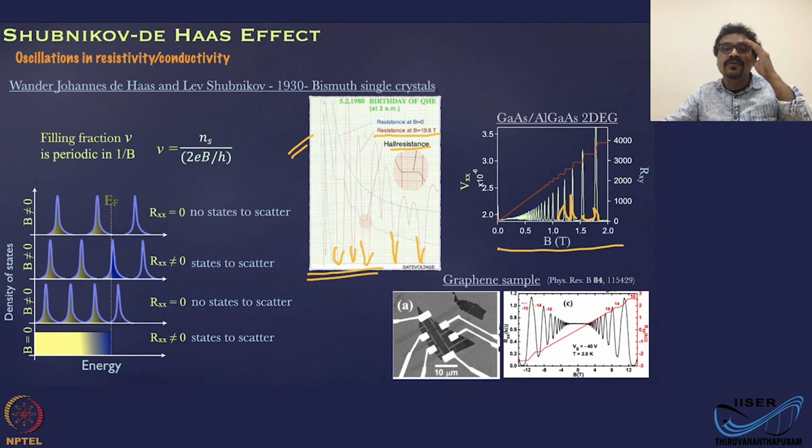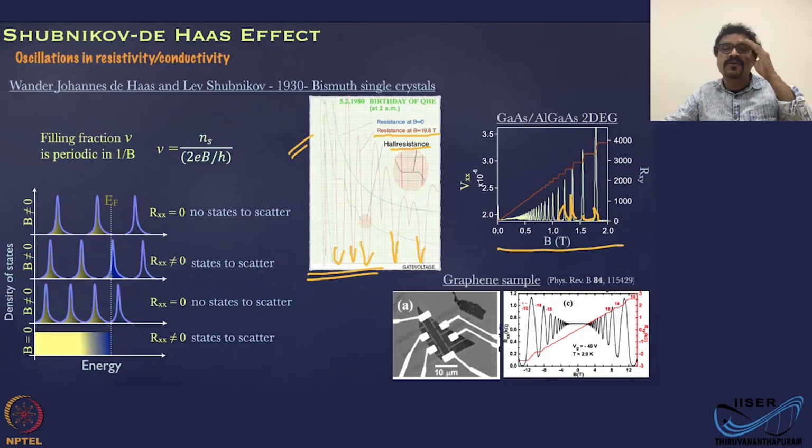these Landau levels correspond to states which propagate only in one direction. The action of applying a magnetic field is going to basically remove the time reversal, and you cannot have the electron coming back.